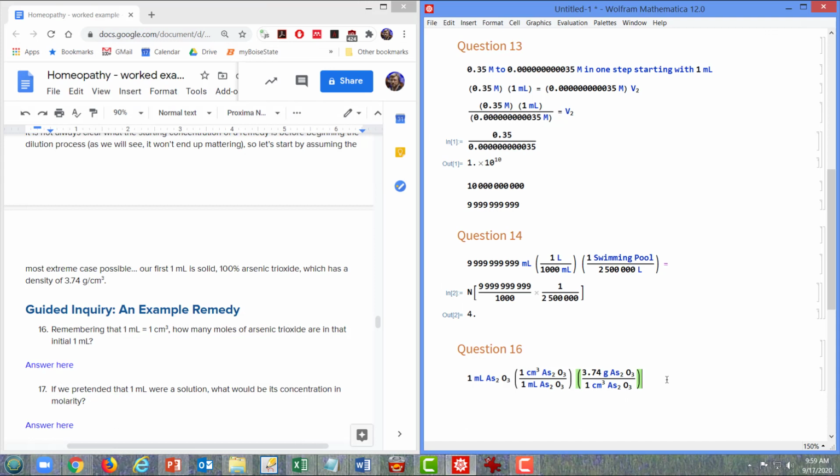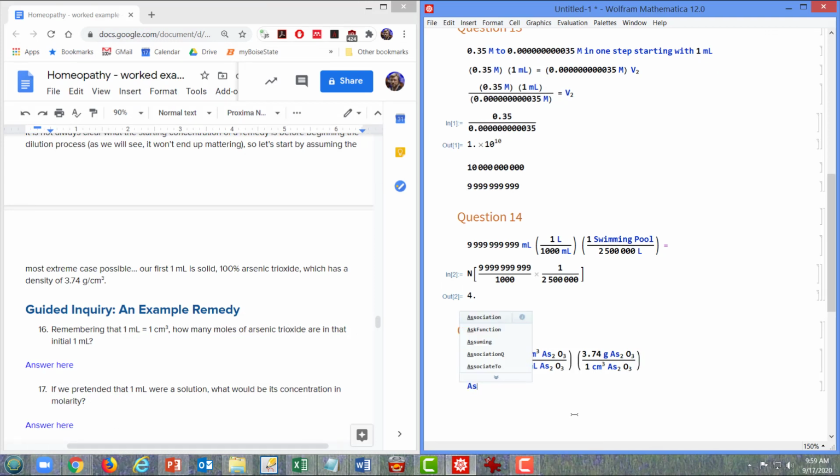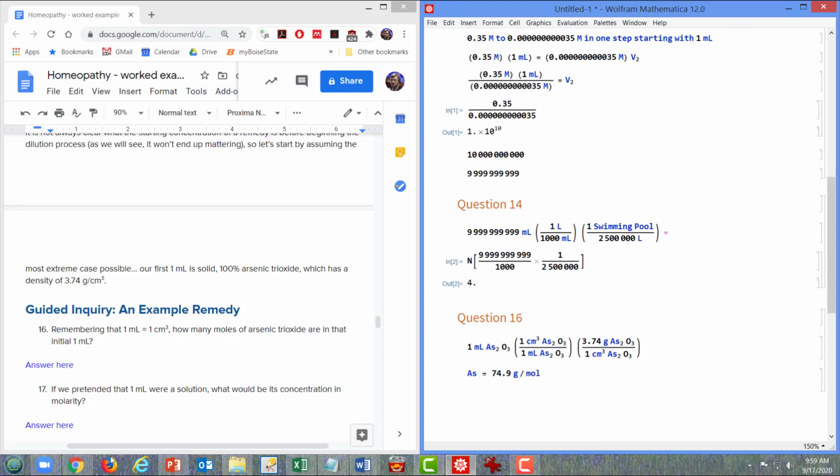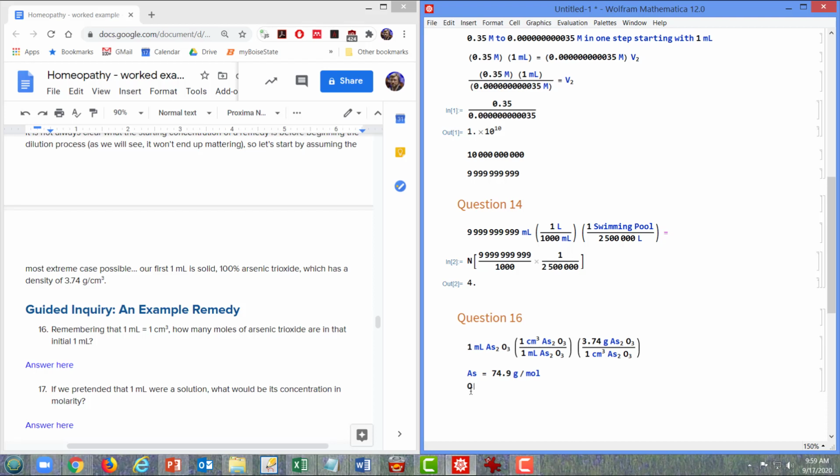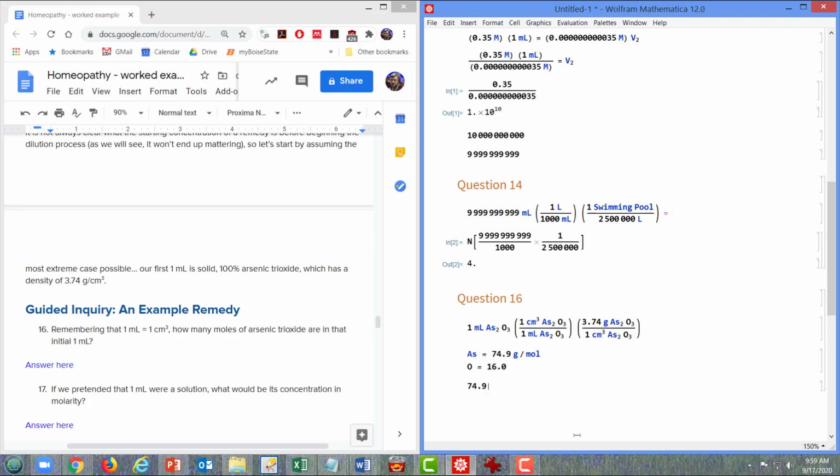Okay, so we need to have arsenic 74.9 grams per mole, and oxygen is 16.0. Oxygen is 16.0. 2 times that plus 3 times that.